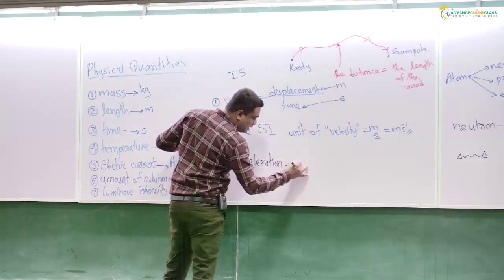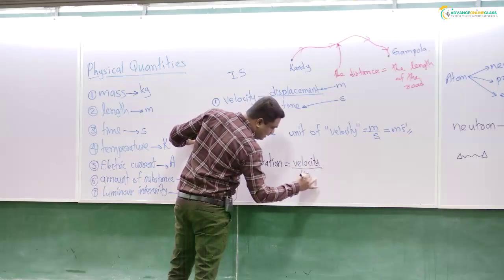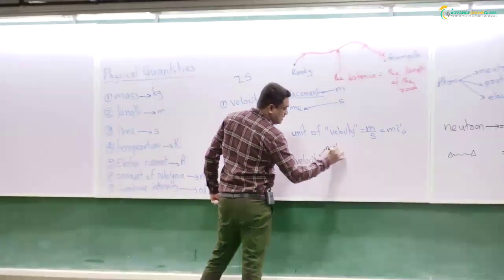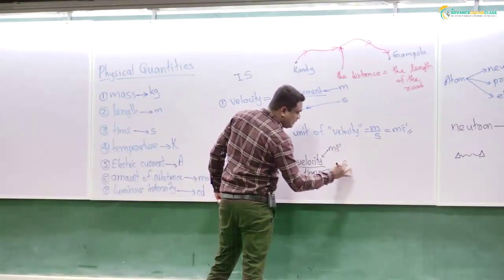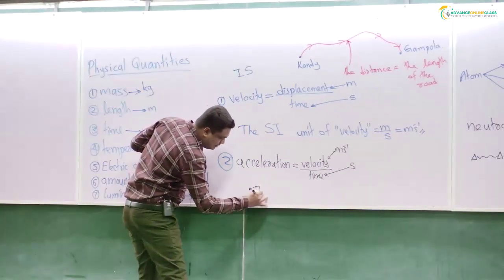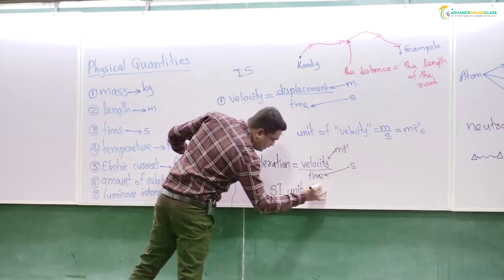Acceleration is equal to velocity divided by time. What is the unit of velocity here? Meter per second. What's the unit of time? Seconds.